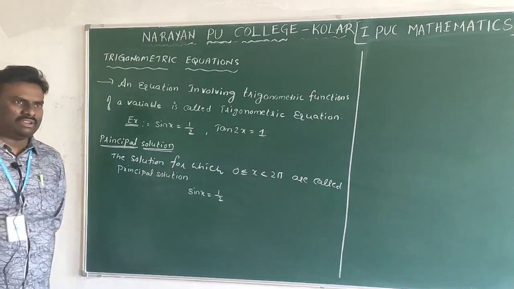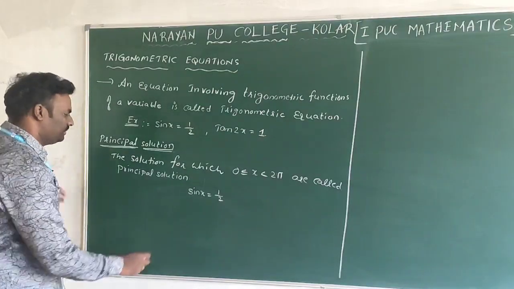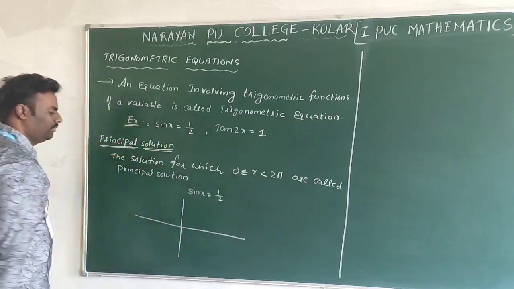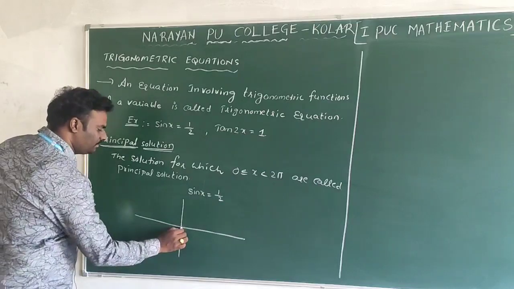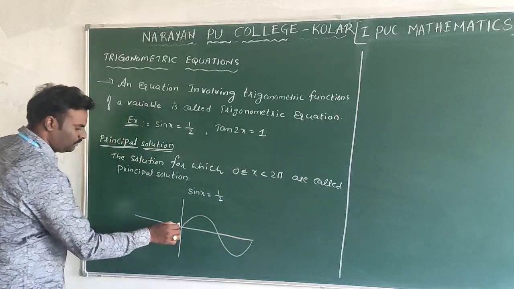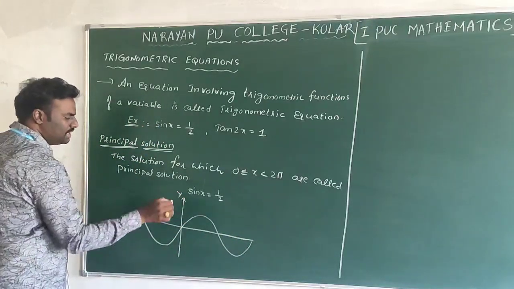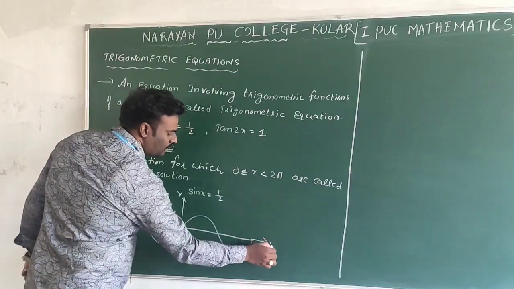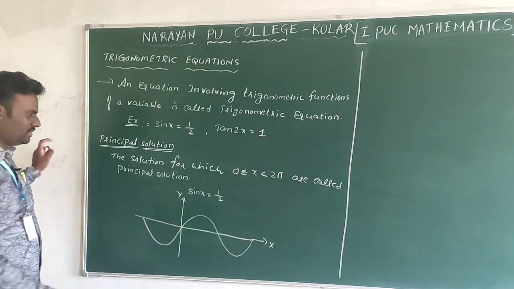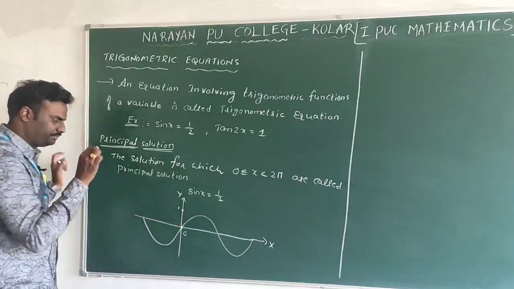it is a trigonometric equation. Already we know the graph of sin x. If you take coordinate axes, this is the graph of the sin x function. It is always passing through the origin and its maximum should be 1.